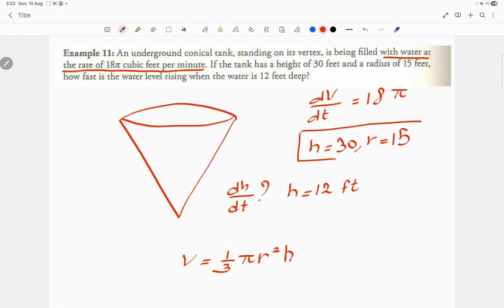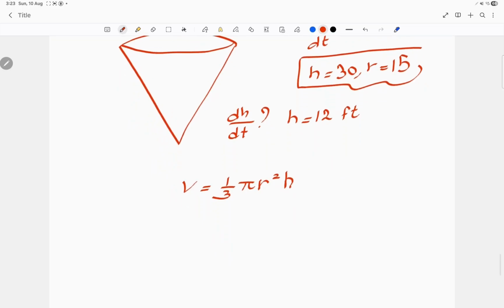So h is 30, r is 15. I can say h is equal to 2 times r. So 30 is equal to 2 times 15, correct? Okay. So h is equal to 2 times r, so r is equal to h over 2.